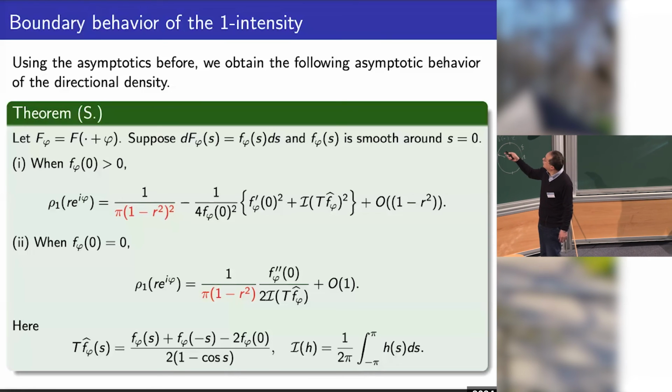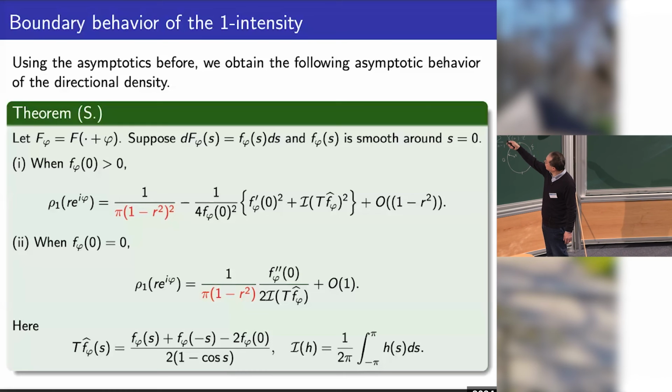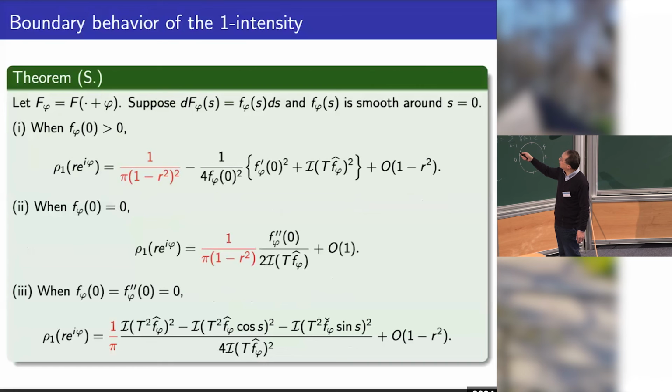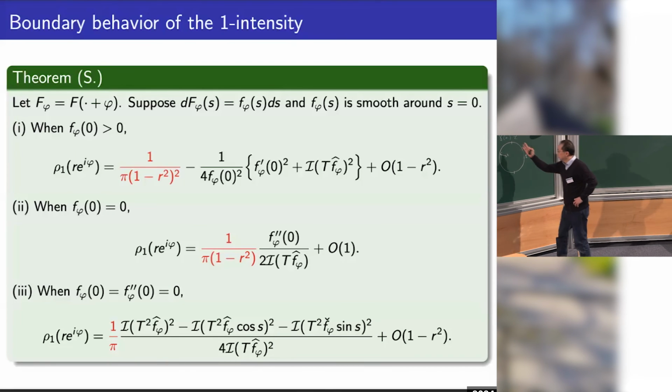And in this constant term, there is a second derivative. If this vanishes, then we have different behavior. So if f vanishes and the second derivative vanishes, then you have a constant term. This corresponds to this part.